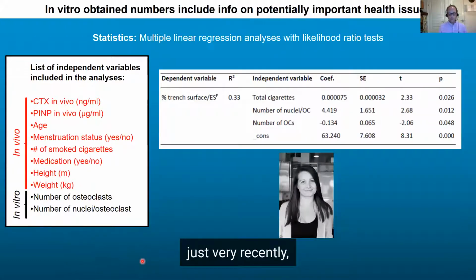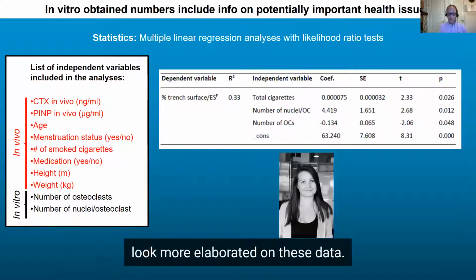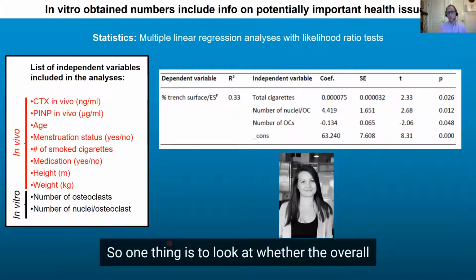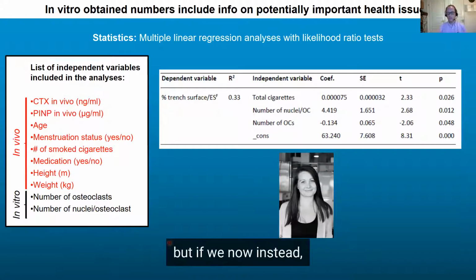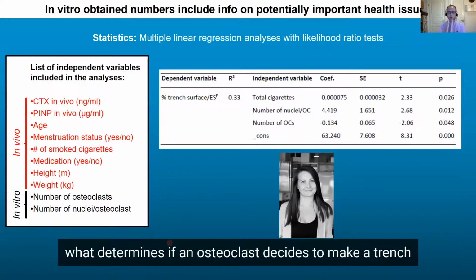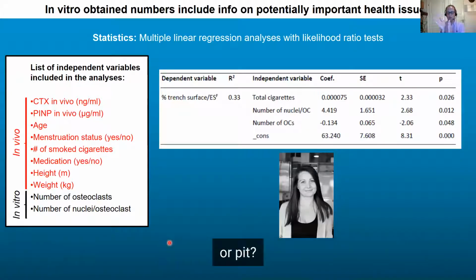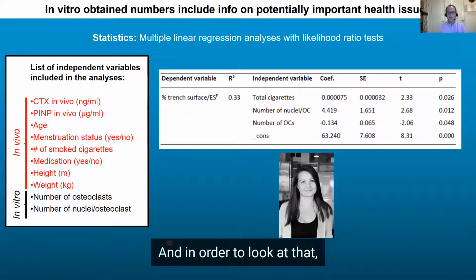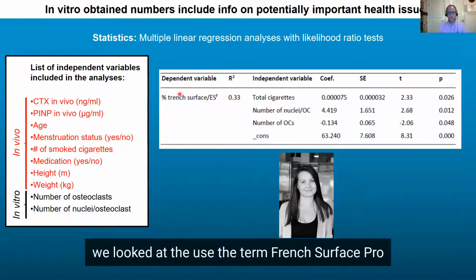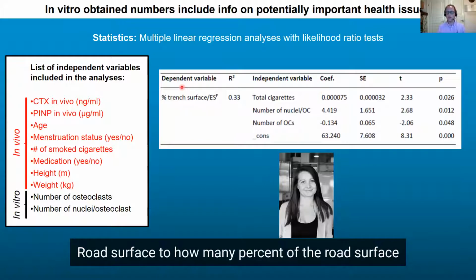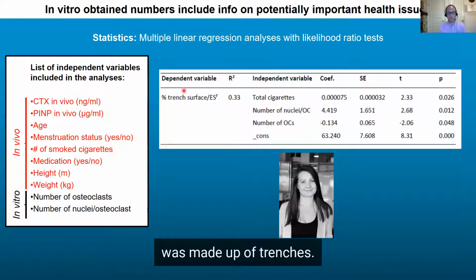Now, just very recently, we have started to look in more detail at these data. One thing is to look at what determines the overall resorptive activity. But now we instead look at what determines if an osteoclast decides to make a trench or a pit. In order to look at that, we used the term trench surface per eroded surface, so how many percent of the eroded surface was made up of trenches?